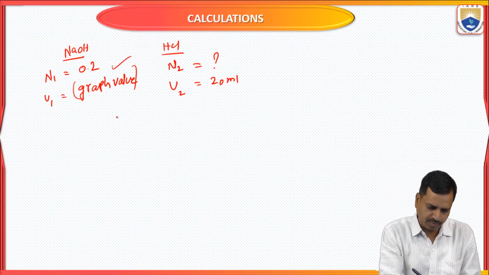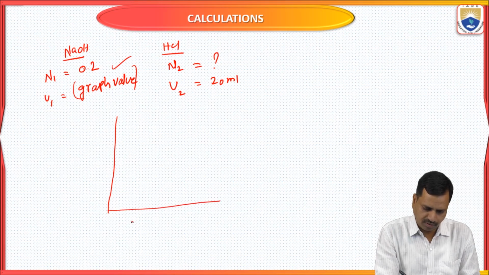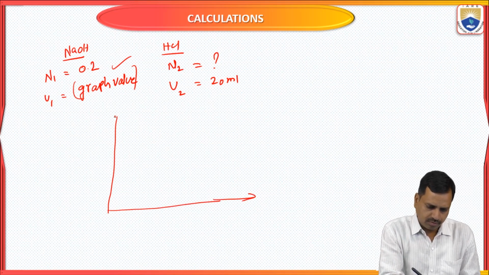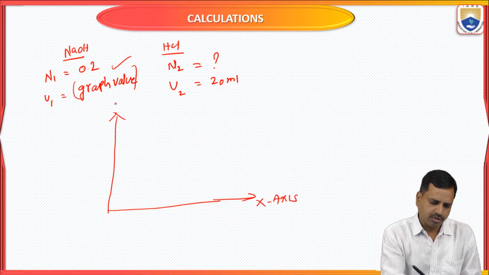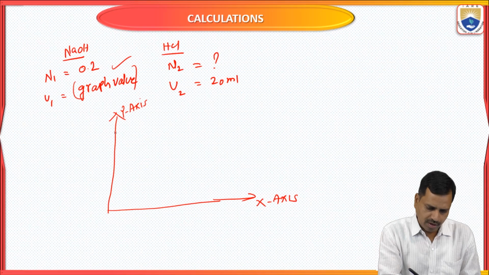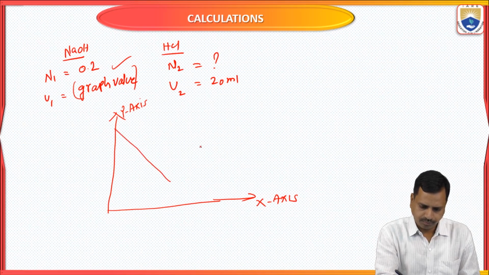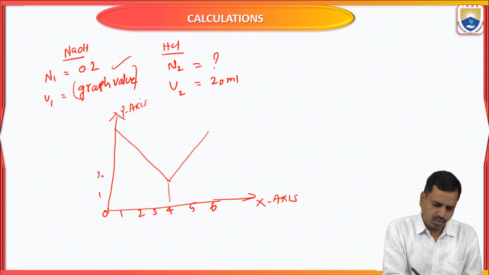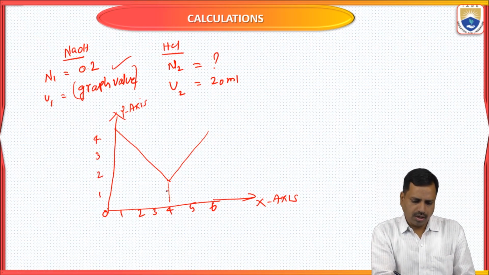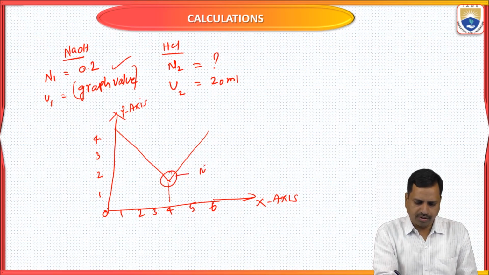To get the graph value, you have to draw the graph. This is the x-axis and this is the y-axis. We get a graph like this, and this is our neutralization point.